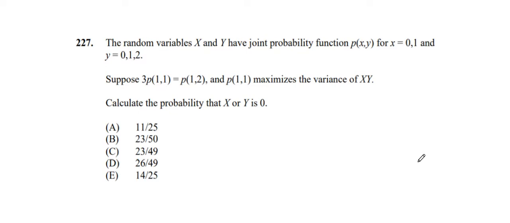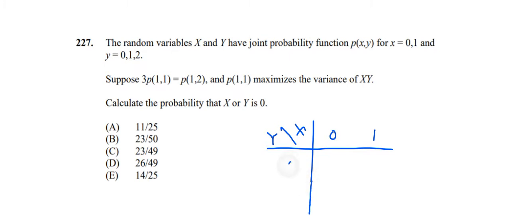Okay, so for this problem, let's say we have a joint probability function of x and y. So x can take 0 1, and y can be 0 1 2.